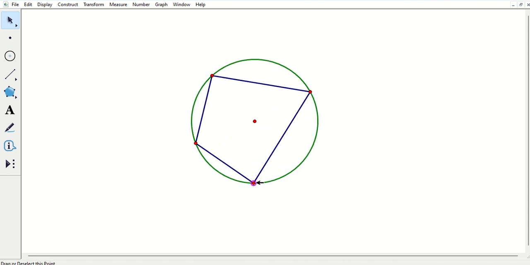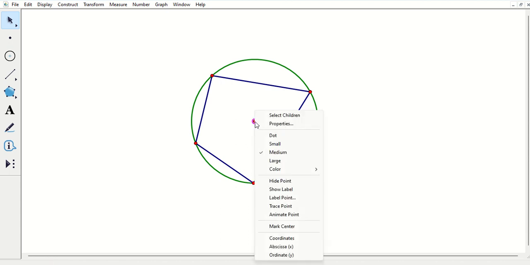The next step is to label. I'll label the center.